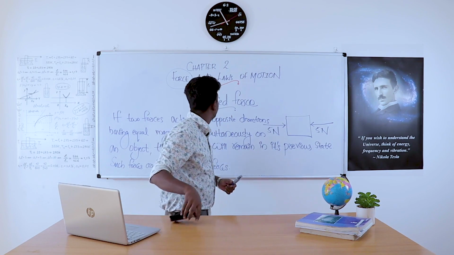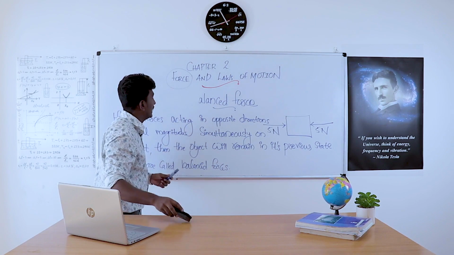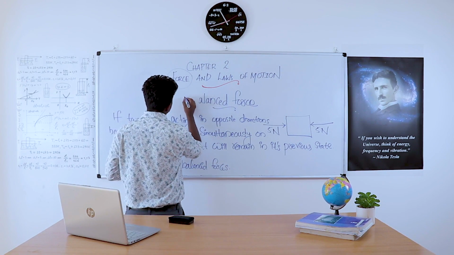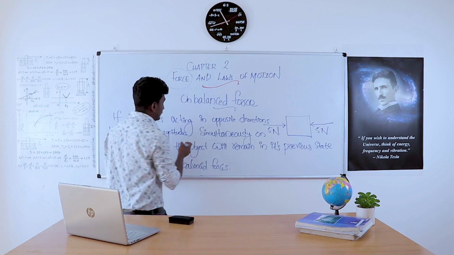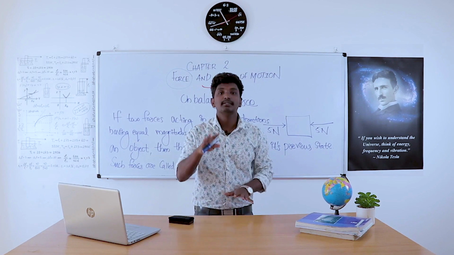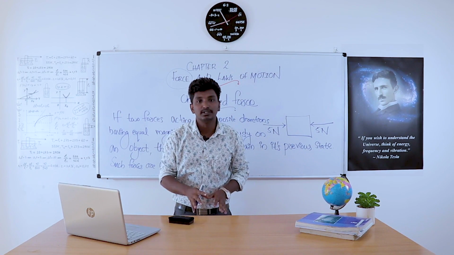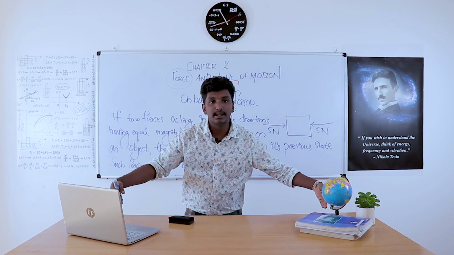Now I am defining what an unbalanced force is. What do you mean by unbalanced force? Taking the same example of this table, we can explain it. Just think you and me are pushing this table from opposite directions.